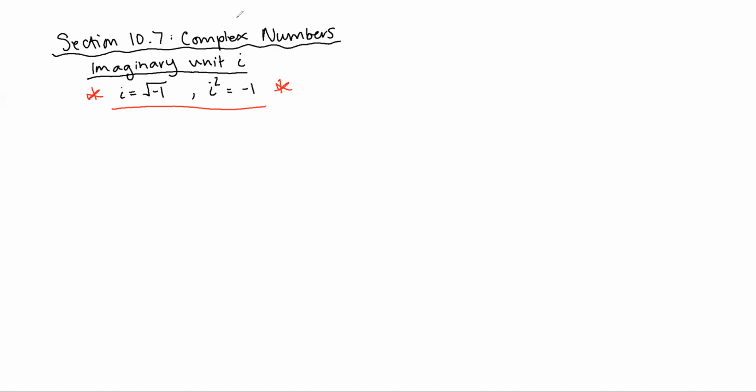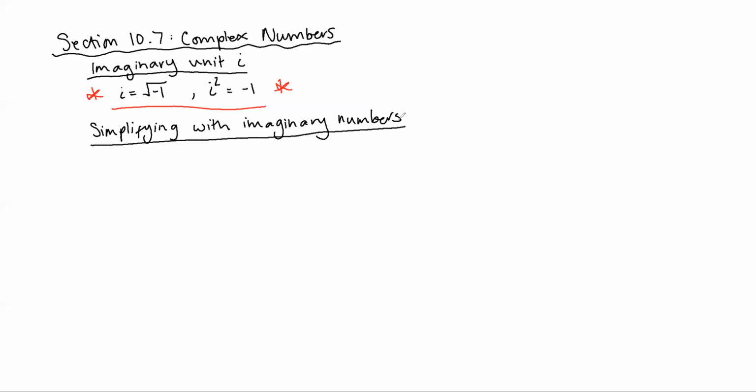So before we get into complex numbers, we'll talk about what those are. First thing I want to do is simplify with imaginary numbers. So we're going to see some of those examples where we normally say not real.